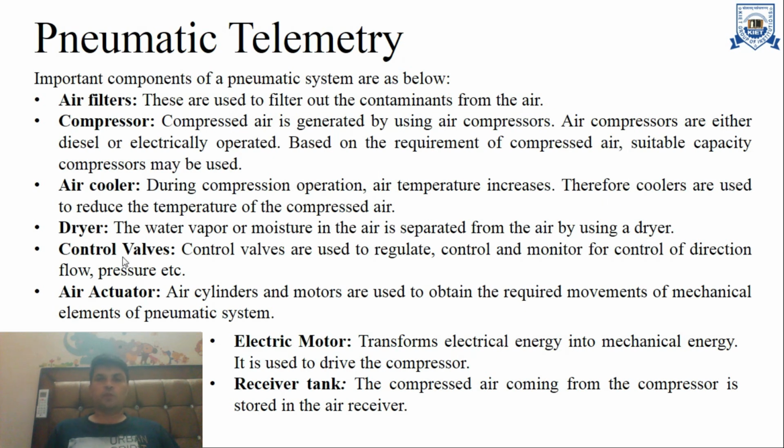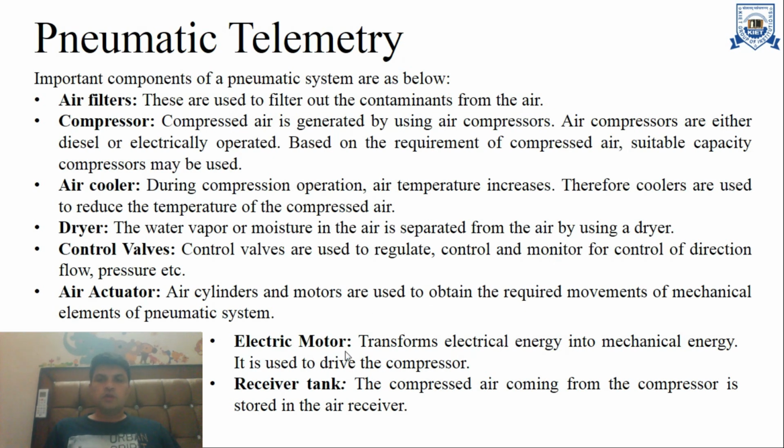The next part is control valves. Control valves are used to regulate, control, and monitor the direction, flow, pressure, etc. Next are air actuators. Air cylinders and motors are used to obtain the required movements of mechanical elements of pneumatic systems.